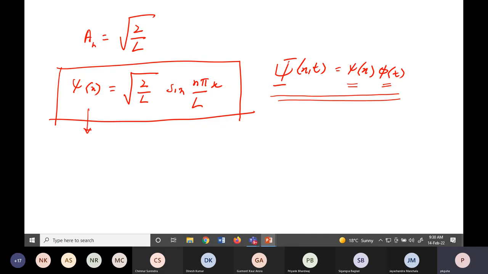Okay, so the way we usually represent this psi(x), you see it is an oscillatory function, right? It has sine n pi x over L. So you can plot this.